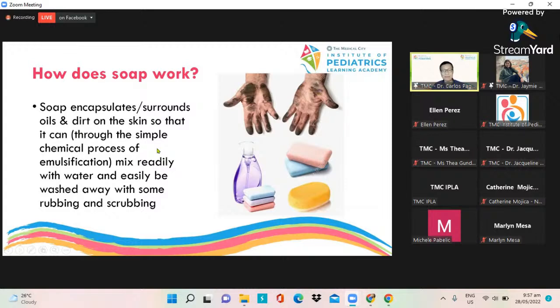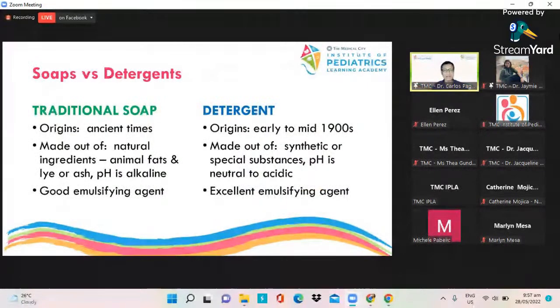That is why if you remember, you've come from somewhere sa labas, malagkit ang balat mo, maliligo ka, nagsabon ka. Anong pakiramdam natin? We feel smoother. We feel less sticky. That is the nature of how soap works po. Yun, okay? So you know na. How does soap work? Next.